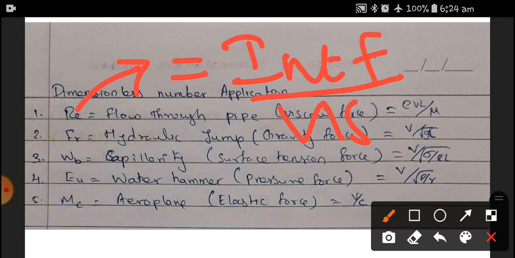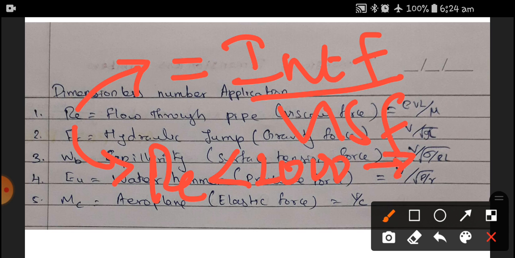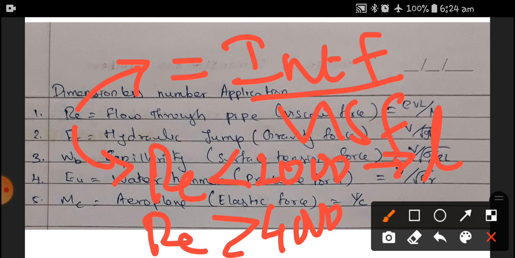If the Reynolds number is less than 2000, then it is said to be laminar flow. If the Reynolds number is more than 4000, it is known as turbulent flow. If it is between 2000 and 4000, it is a transitional flow.